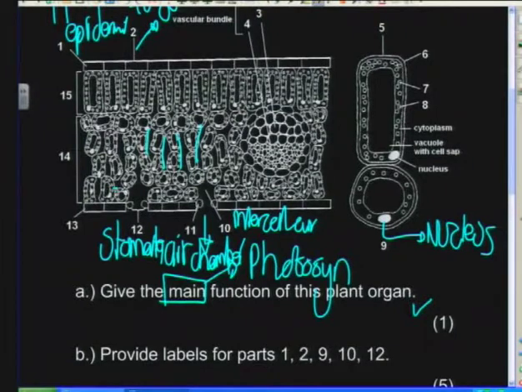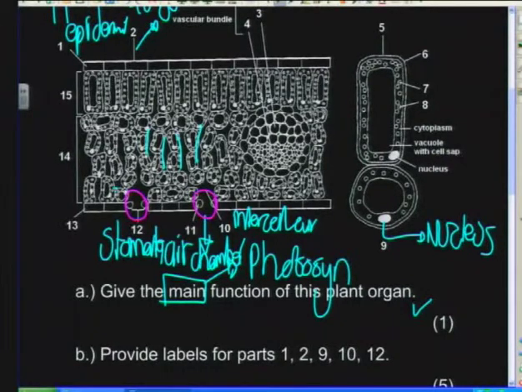Where are we going to see the diffusion of gases? Which number? Here we've got a few options. I'm going to use pink just so you can see. We've got 10, 11, or 12. Where does it come in and where does it come out?